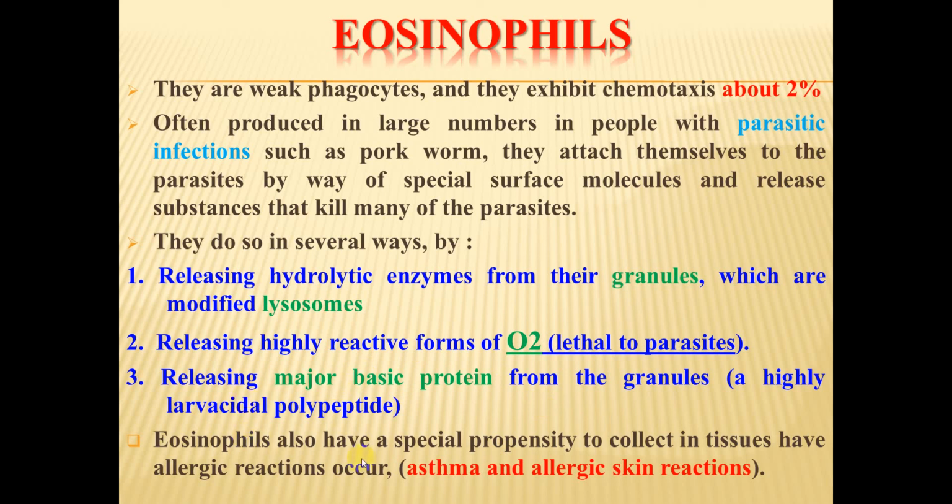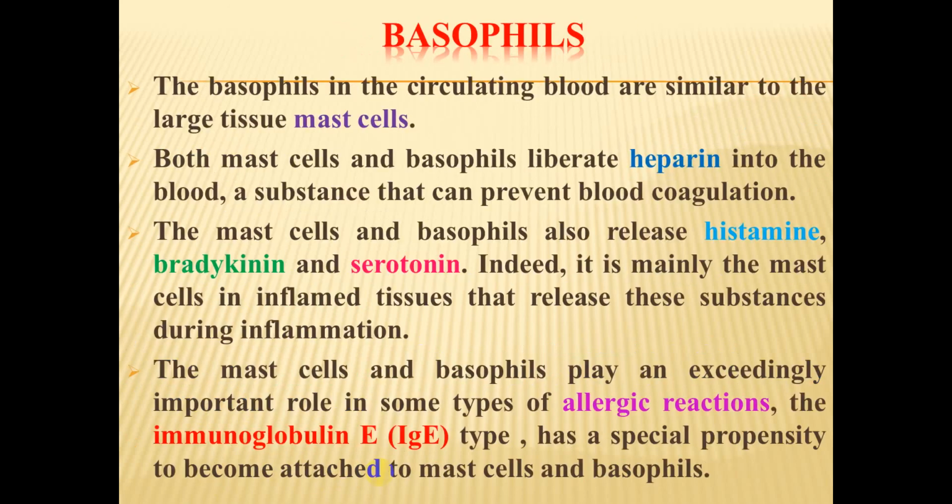Eosinophils also have special propensity to collect in tissues that have allergic reactions. In addition to parasites, they have a role in allergic reactions, but to a lesser extent when compared with the basophil.